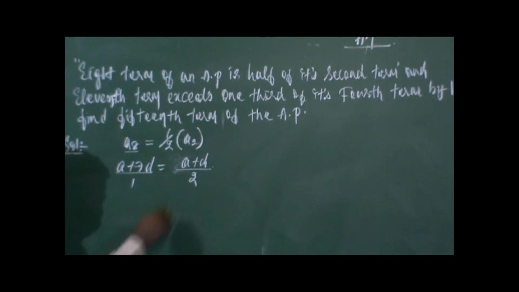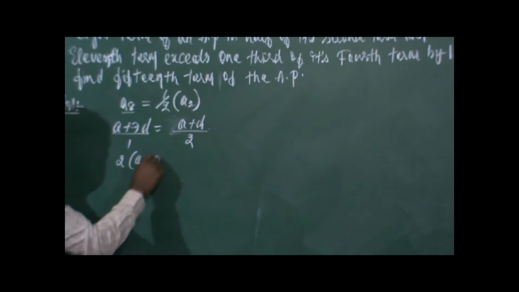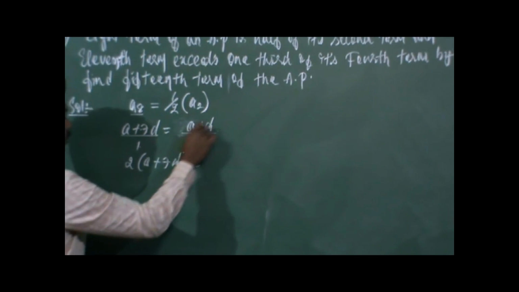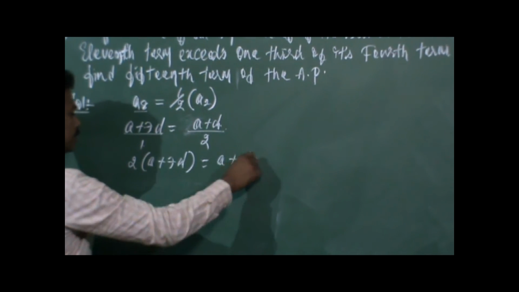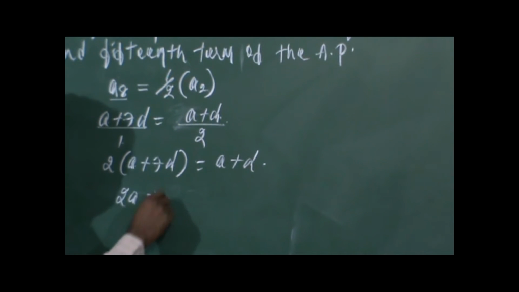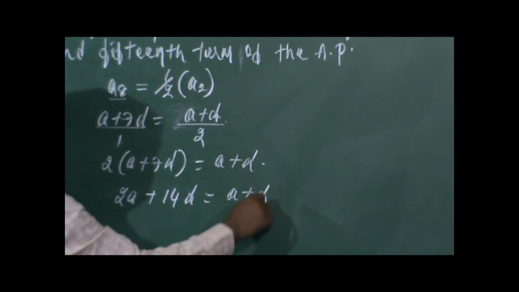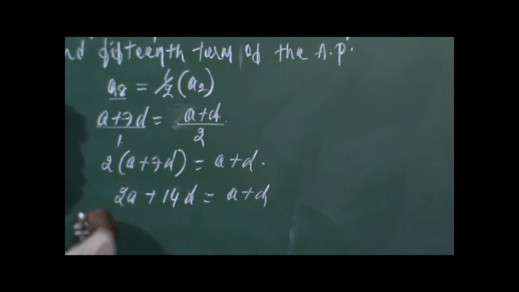So let us go with cross multiplication. 2 into A plus 7D is equal to 1 into A plus D, which is A plus D. 2 into A is 2A plus 2 into 7D is 14D is equal to A plus D. So transpose both the terms in the RHS to LHS.